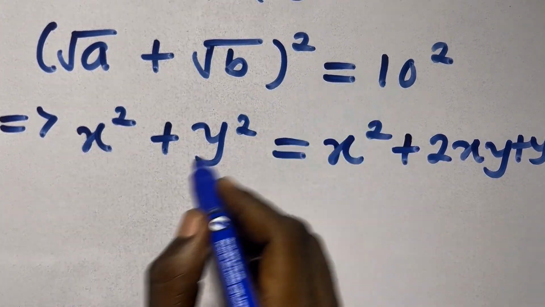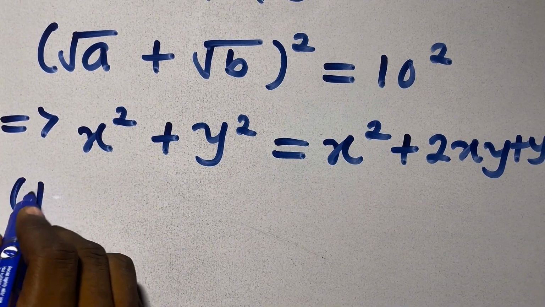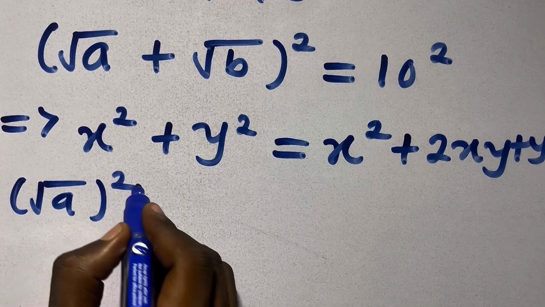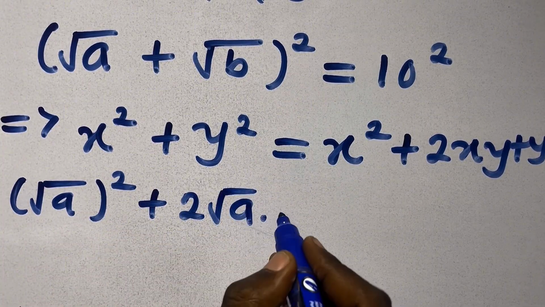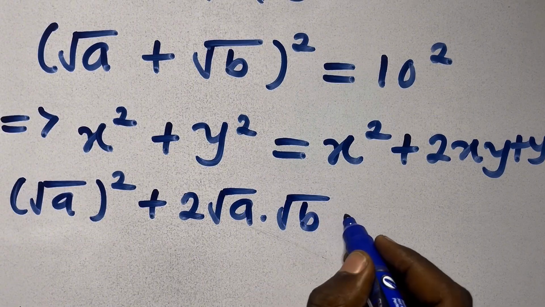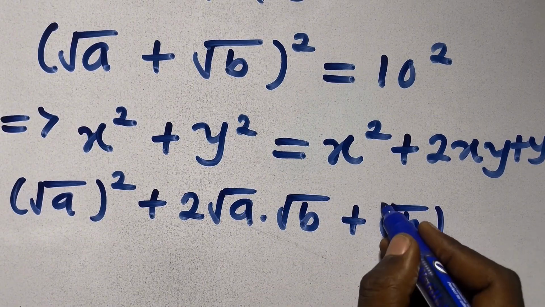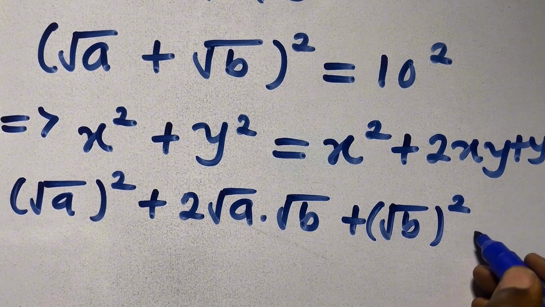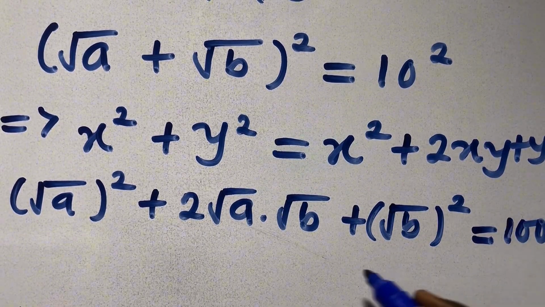Applying this, we are going to have square root of a squared plus 2 multiplied by square root of a multiplied by square root of b plus square root of b squared, and this will be equal to 10 squared, which gives us 100.